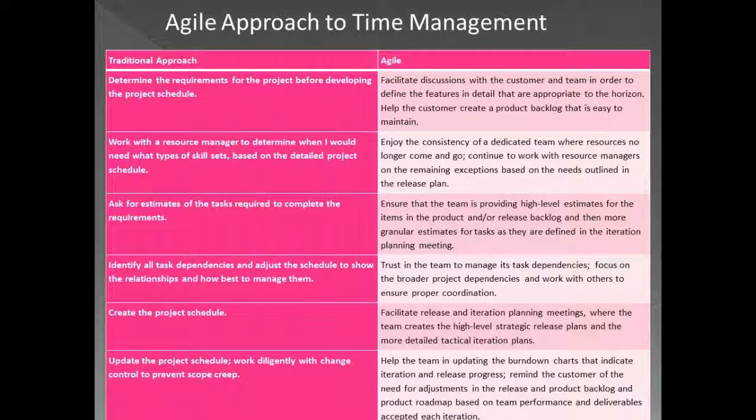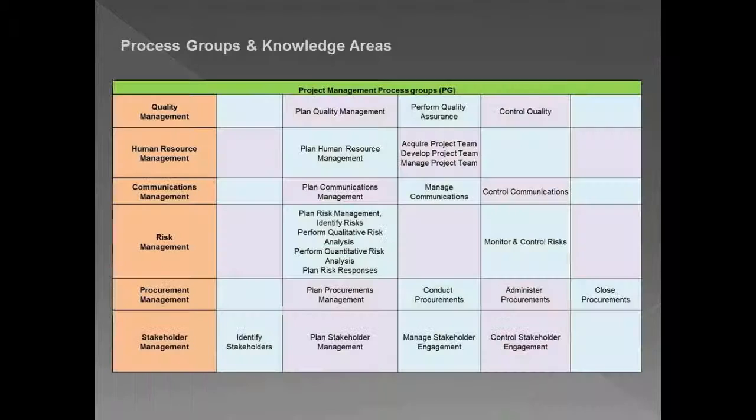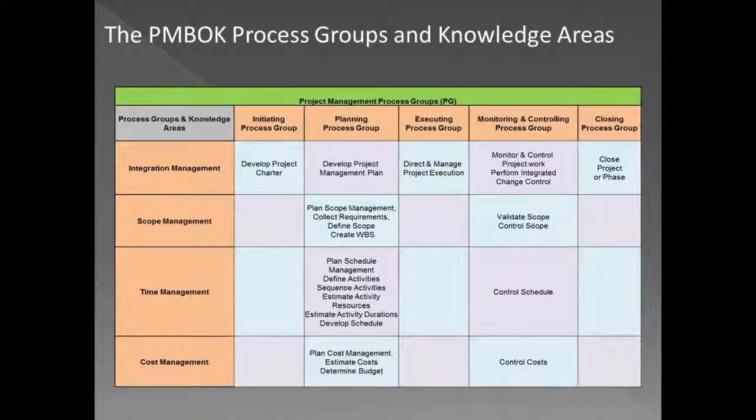As far as scheduling is concerned, the processes for time management are: plan schedule management, define the activities and sequence the activities, where you decide the dependencies and create the network diagram, then estimate what kind of resources are needed for each activity, estimate the durations, develop the schedule, and control the schedule. So these are the traditional time management processes for PMBOK.